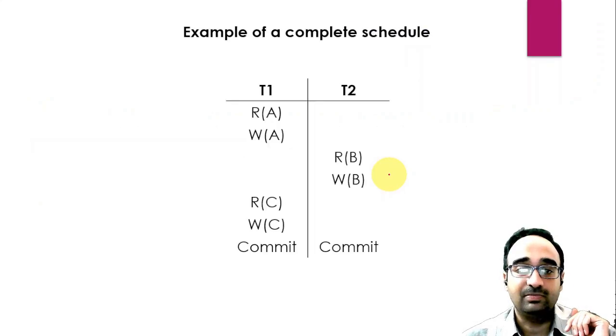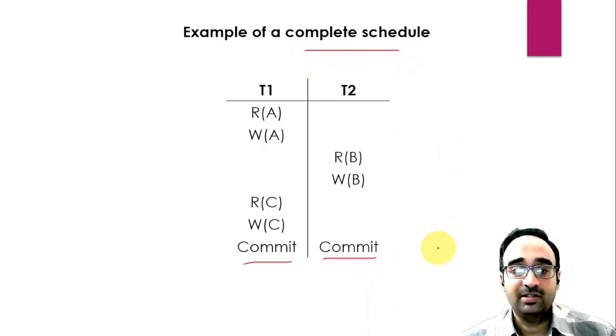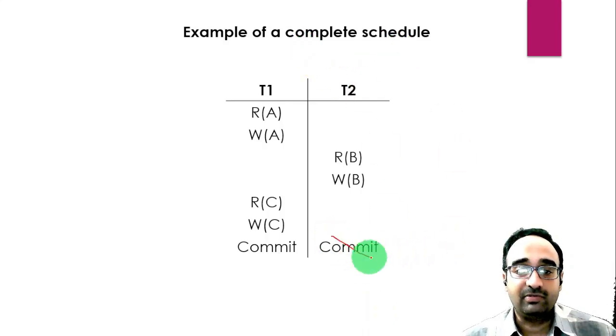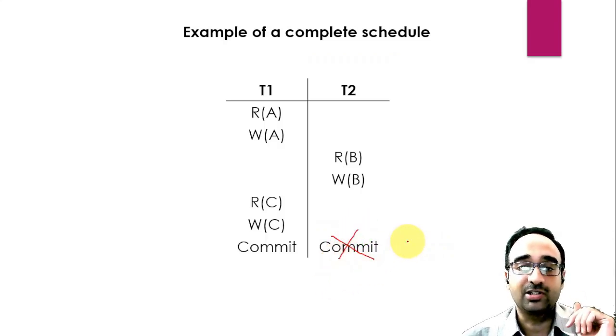Let's see an example. This is a complete schedule because transaction T1 ends with commit and transaction T2 ends with commit. If this were not there, then we couldn't say this is a complete schedule.